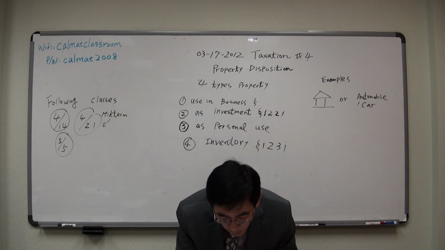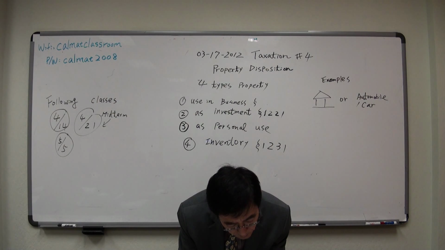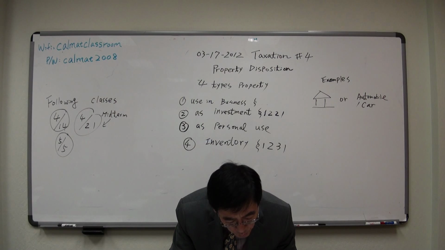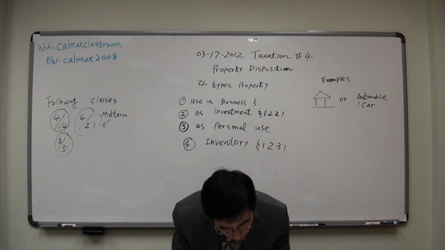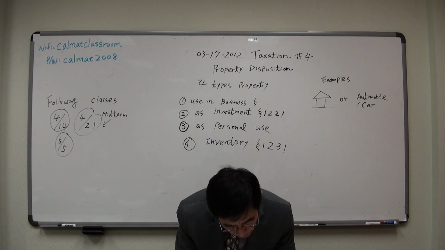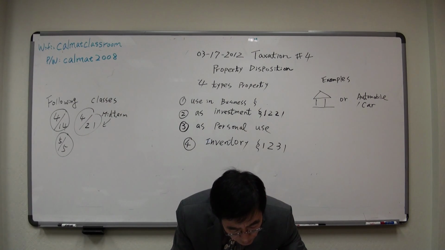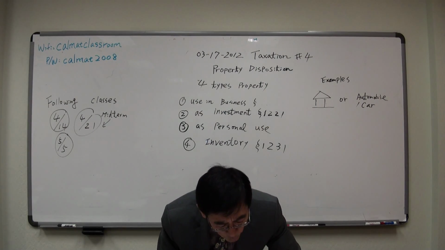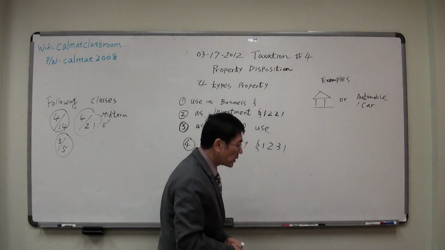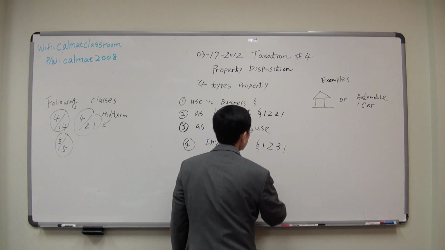This is inventory, and 1231. There are two categories. Let me correct myself. 1231 still is the using business. So I'm right so far.